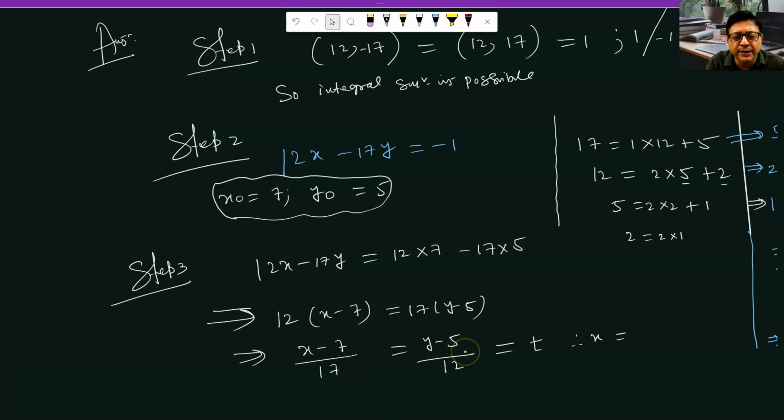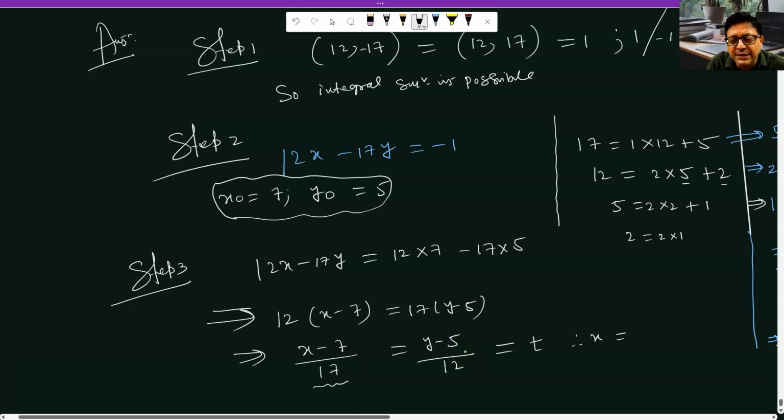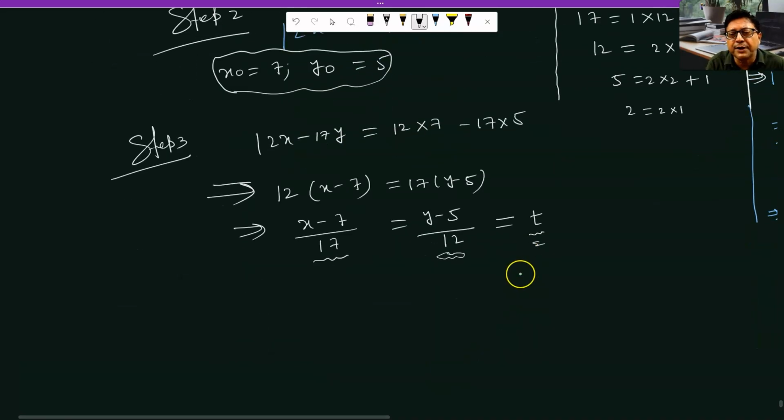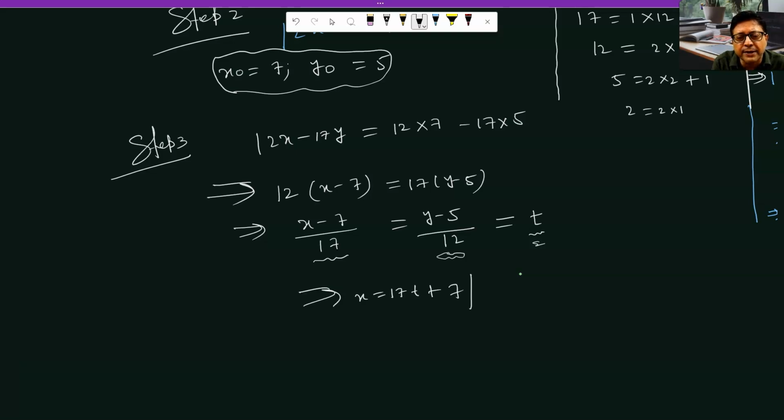So you compare x minus 7 by 17 with t and then this thing with t. So what does it give? If you write x minus 7 by 17 equal to t, this implies x equal to 17t plus 7 and y equal to 12t plus 5.